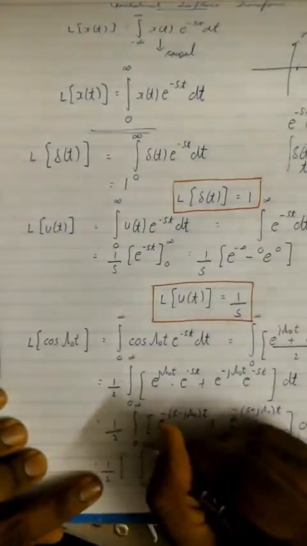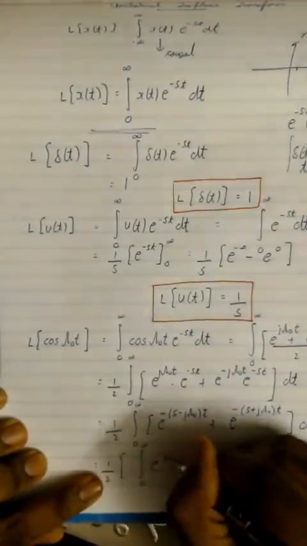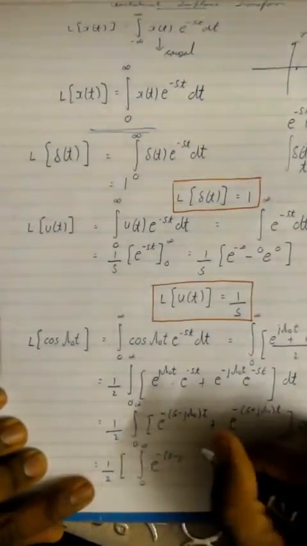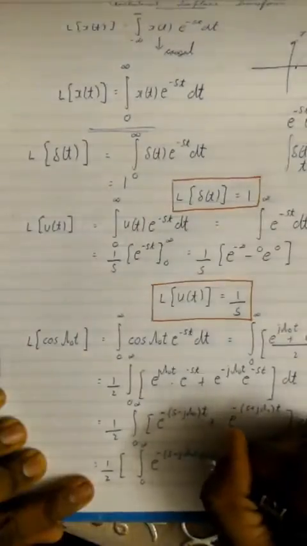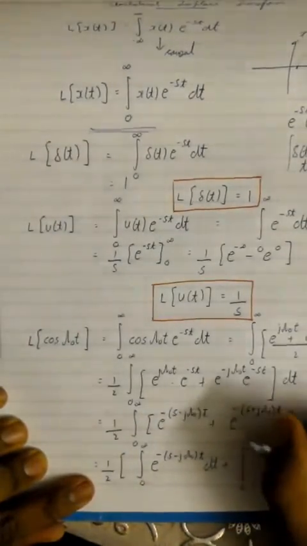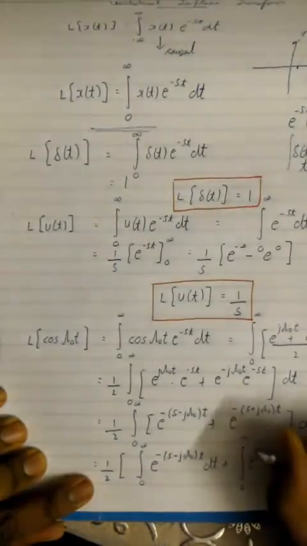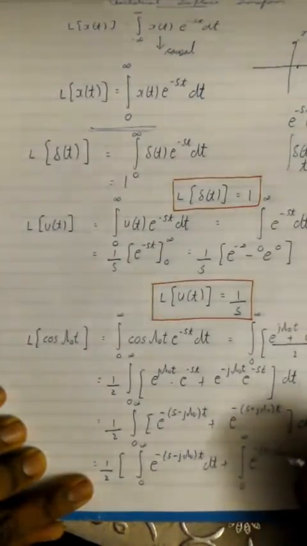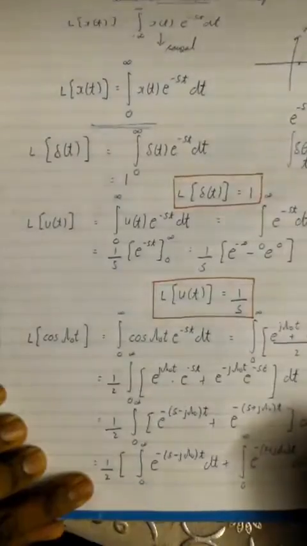Integral 0 to infinity e raised to minus of s minus j ohm 0 into t dt plus integral 0 to infinity e raised to minus of s plus j ohm 0 t dt.